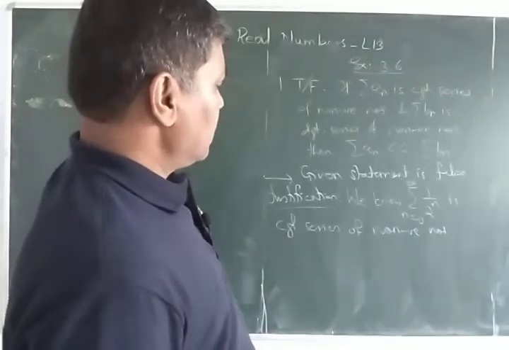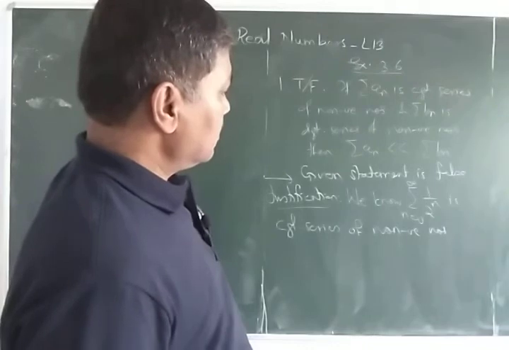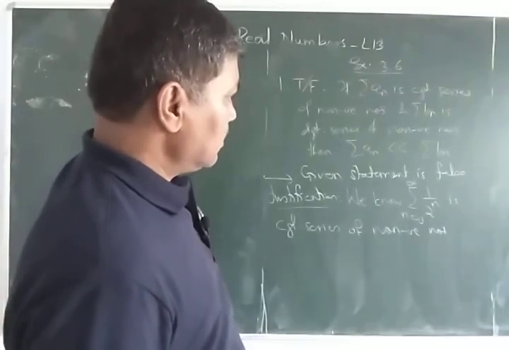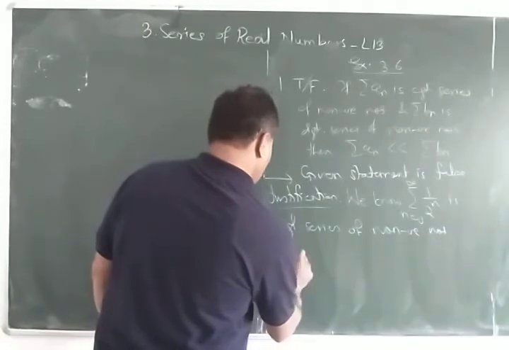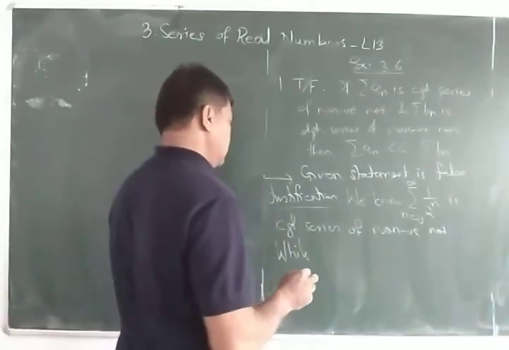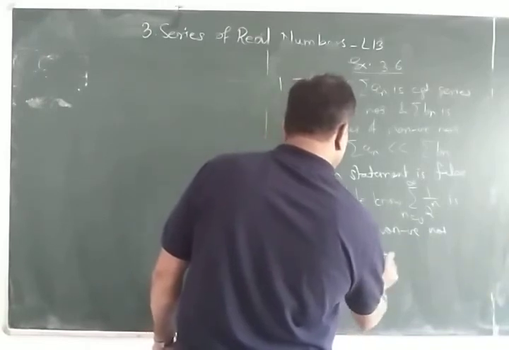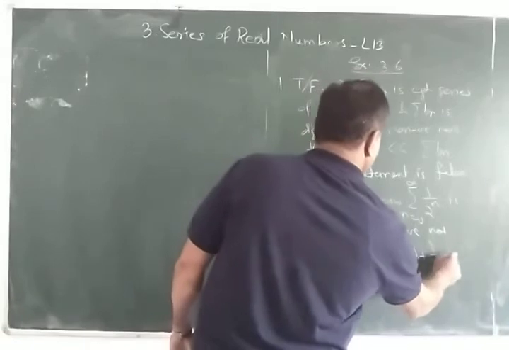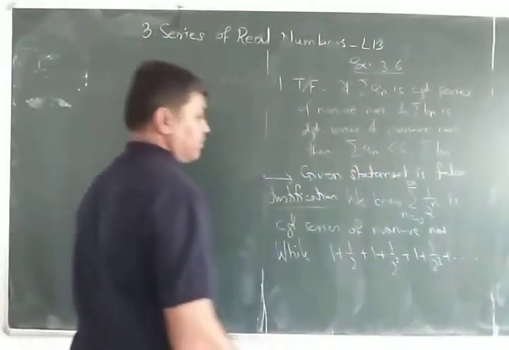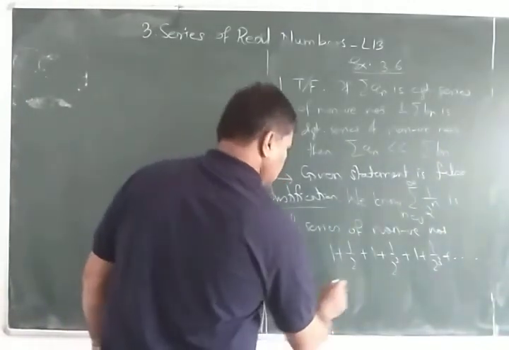Now, I have to check whether 1 plus half plus 1 plus 1 upon 2 square plus 1 plus 1 upon 2 cube, etc., is a divergent series of non-negative numbers.